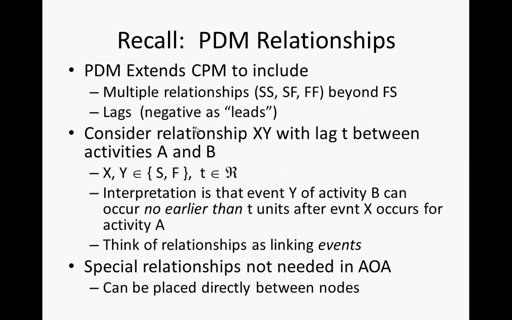So you can represent delays associated with, say, finishing a previous one and starting a new one. Here, those lags or lead times can add extra degrees of complication. You don't have to worry about those.